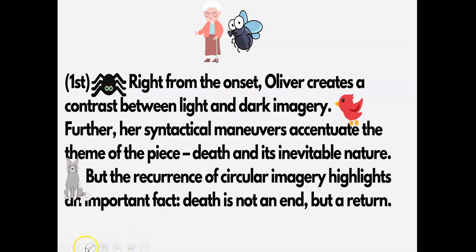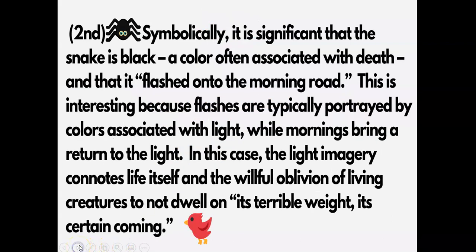So go get the best quote and best paraphrase to connect to that. Symbolically, it is significant that the snake is black, a color often associated with death, and that it flashed onto the morning road. Bingo. Best quote for that particular literary device.